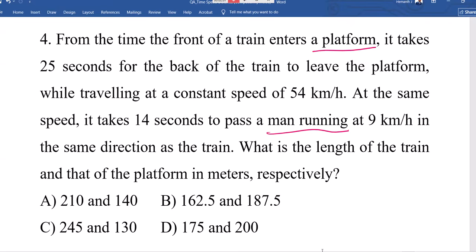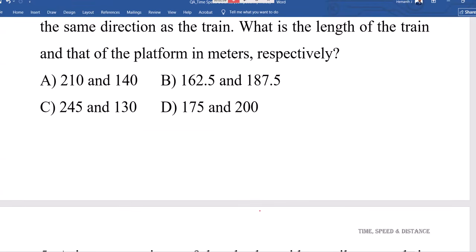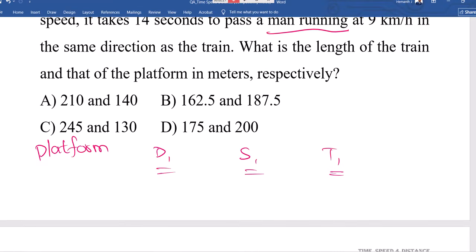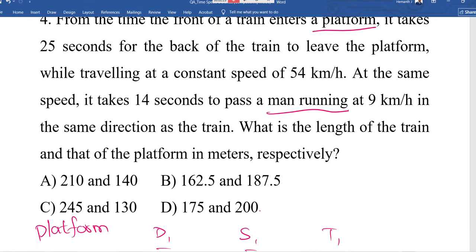So first, the train crossing a platform. Now what is the distance? What is the speed? What is the time? Speed is nothing but the speed of the train, and here it is 54 kilometers per hour.